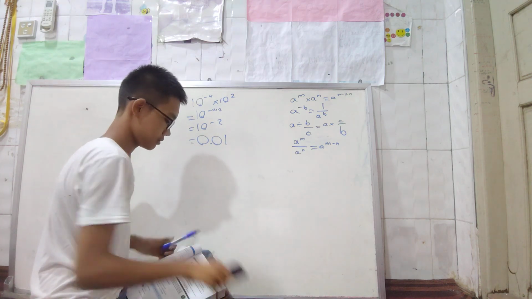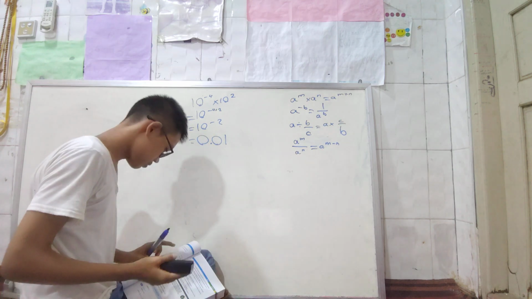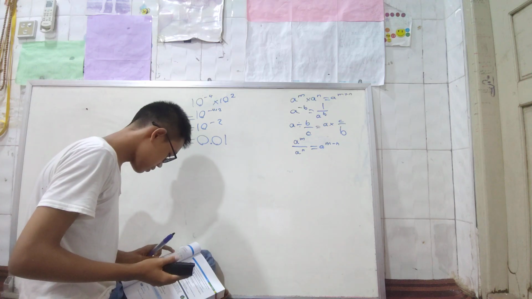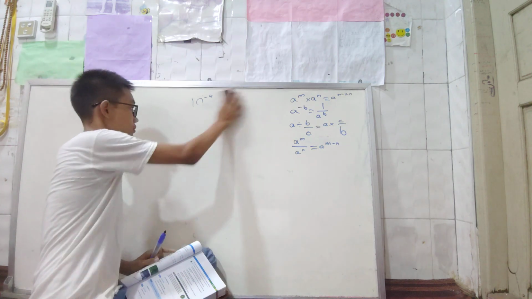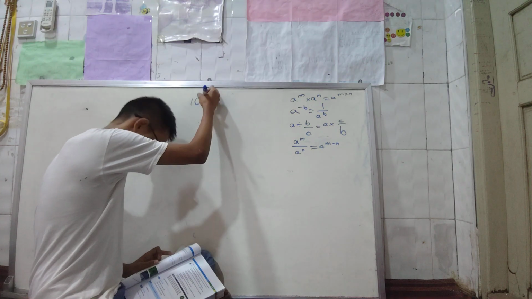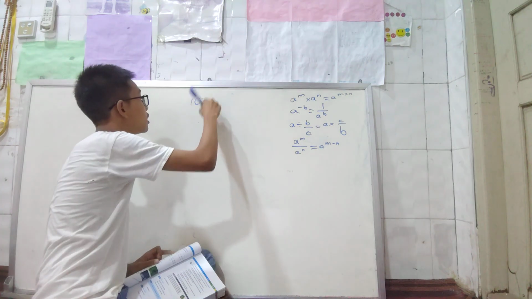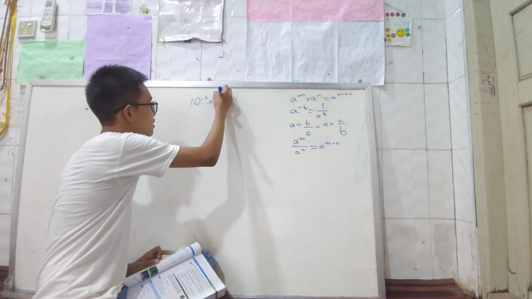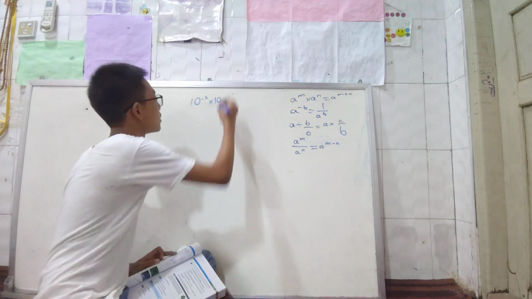Okay? The next one, number 6: 10 to the power of minus 3 times 10 to the power of minus 1.